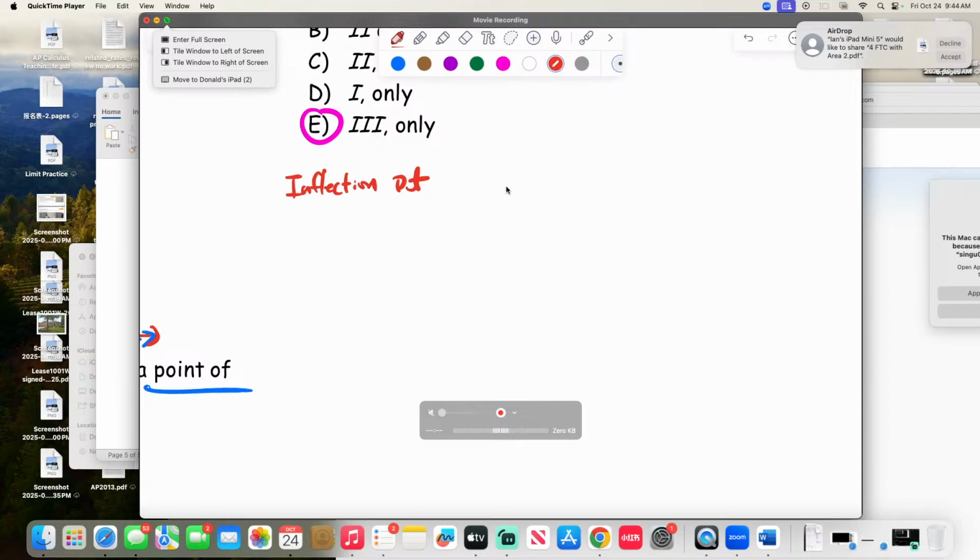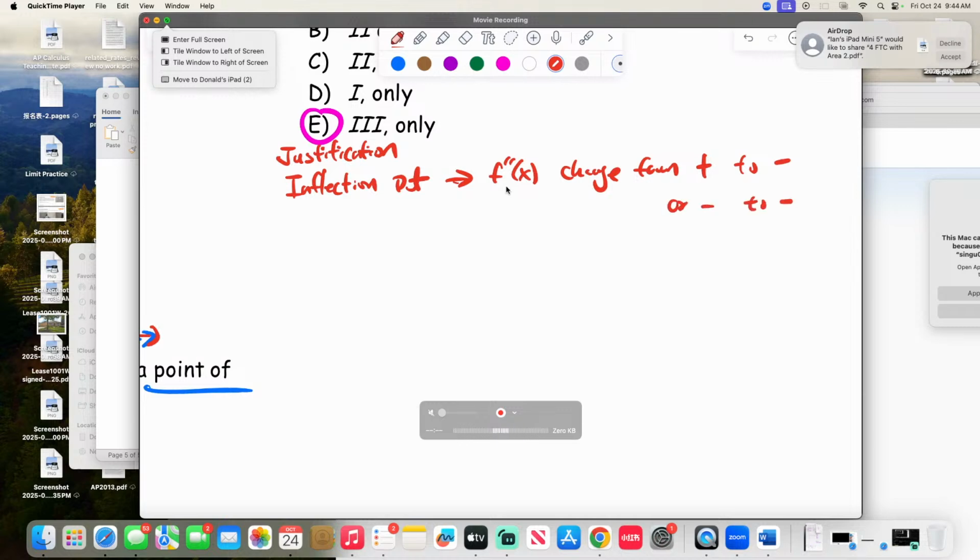If you want a justification for an inflection point, you're going to say f double prime of x changes from positive to negative or negative to positive.